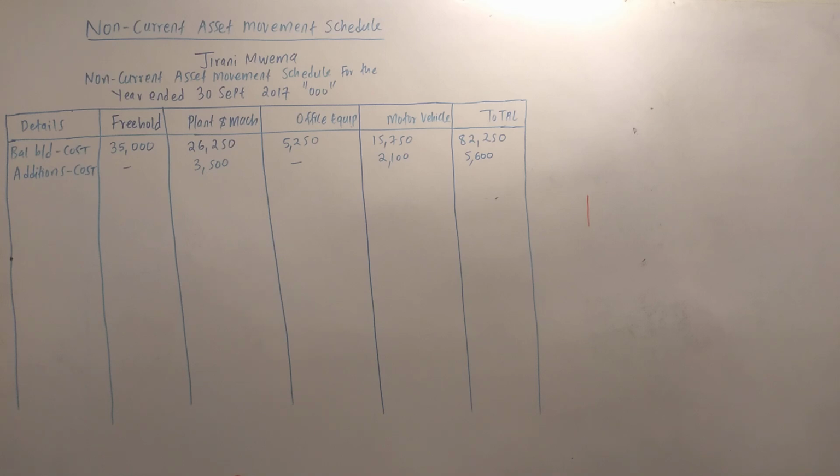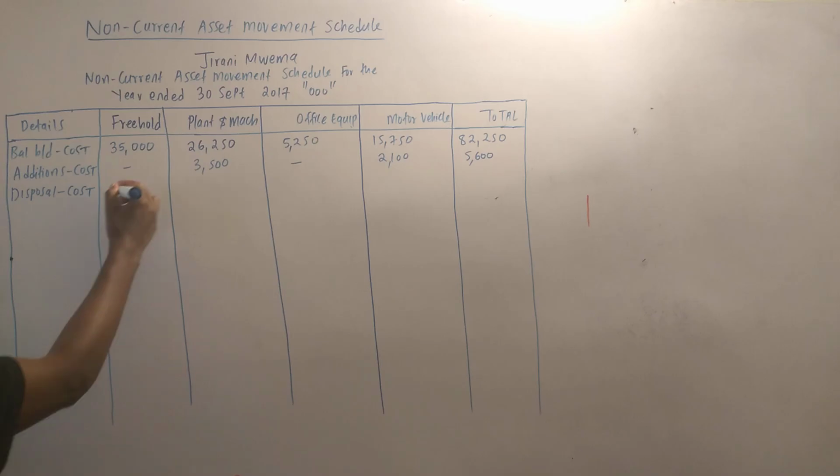Once we have additions, then you can consider disposal, also at cost. Now, information number 2, there was a disposal of machinery. We do not have any for freehold. For machinery, we have a disposal of 3,150. Remember, you put it at cost.